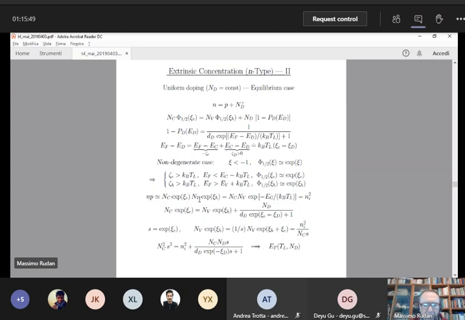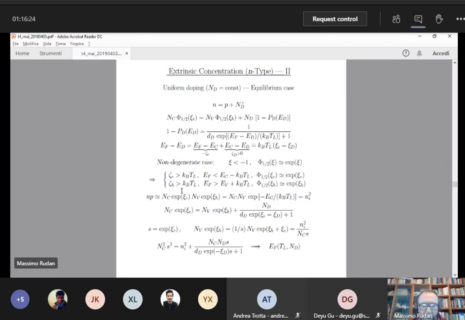When you take the product, it comes out to be exactly Nc Nv times the exponential of minus the gap over kT, because also in this case the Fermi level that is inside psi e and psi h cancels out. But if you look at this expression, it is just the same as ni squared.